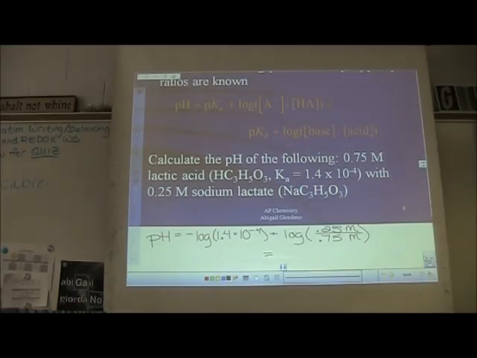Tell me what you get. Shout it out. 3.38. Is that a pH that makes sense? Yeah, it's an acidic buffer system. It should make sense. It should be in the acidic range.